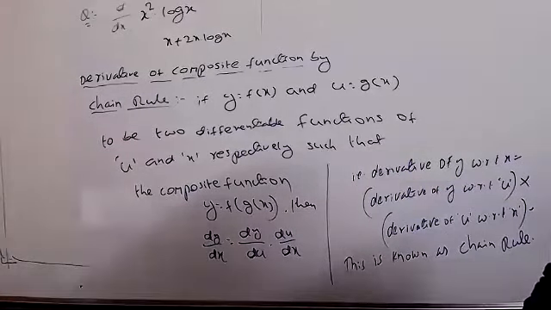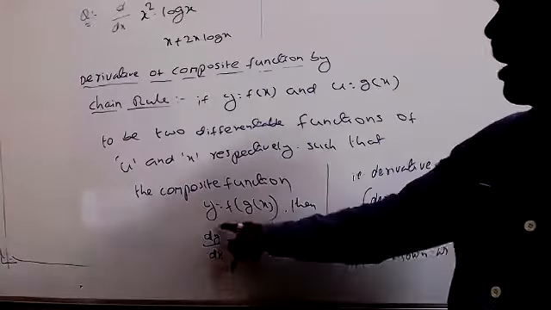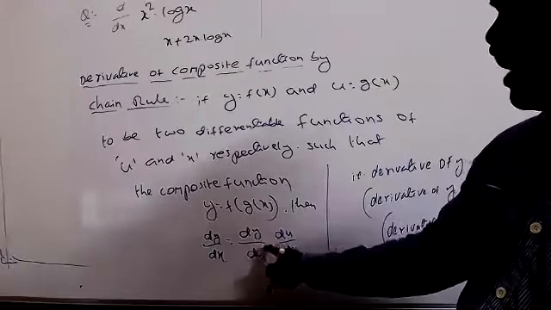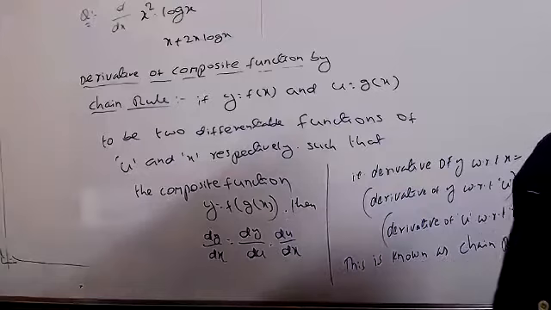Let y equal to f of x and u equal to g of x be two differentiable functions of u and x respectively, such that the composite function y equal to f of g of x. Then dy by dx equal to dy by du into du by dx.